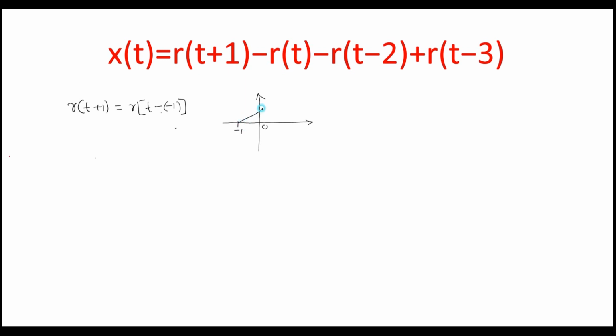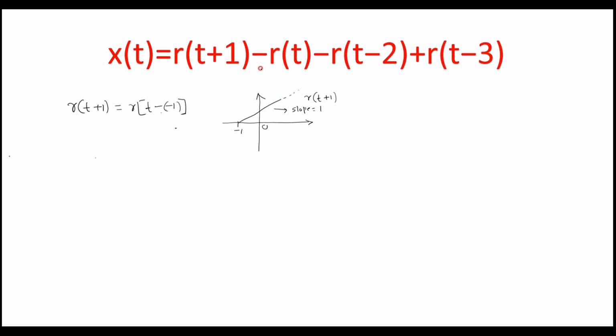So this is r of t plus 1. This will be continued till infinity. And here we can observe that the slope of this ramp signal is 1, that is, slope is equal to 1.